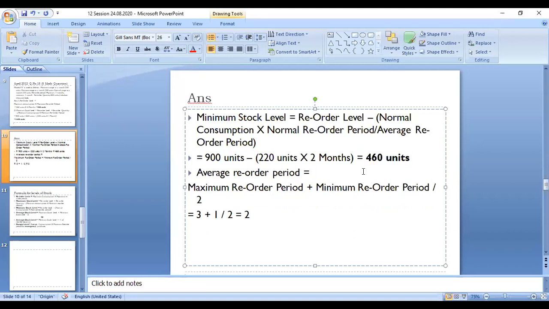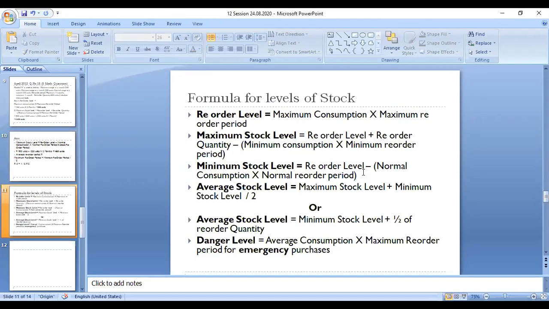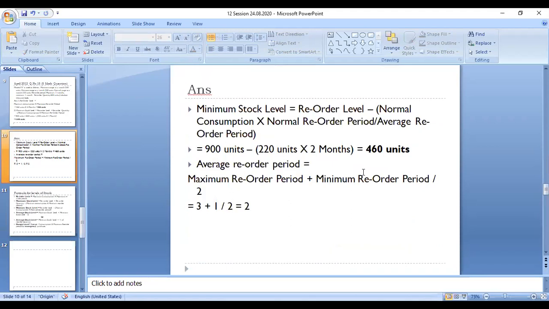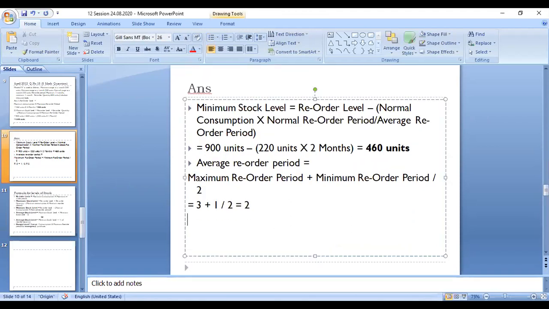Okay, so what do we have to calculate? Reorder level calculated, maximum stock level calculated, minimum stock level calculated. Then the next possibility is average stock level. What is the formula for average stock level?